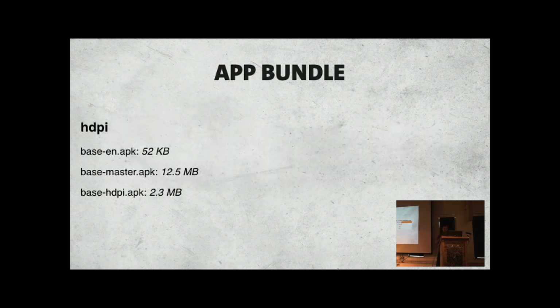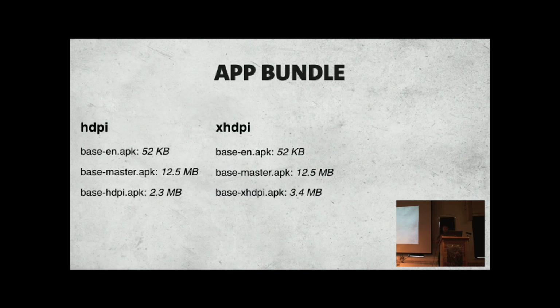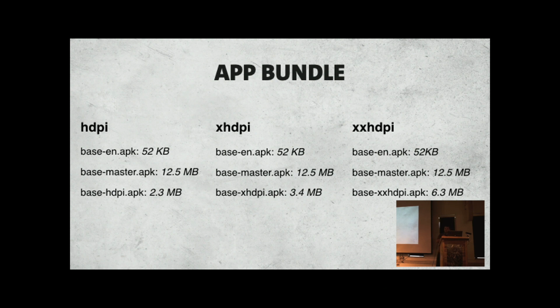Then I changed the density to support XHDPI, and then changed the density to support XXHDPI. And you can see that what changes is only the size of the APK related to densities, but nothing else is going to change.